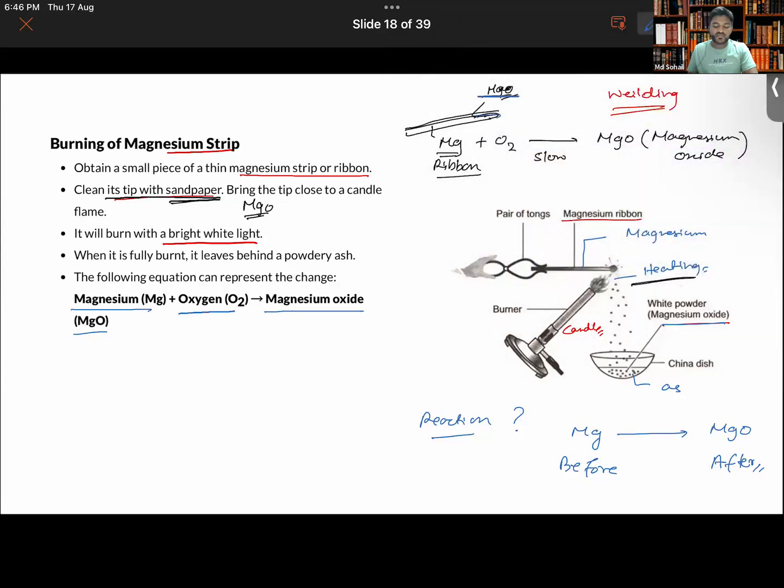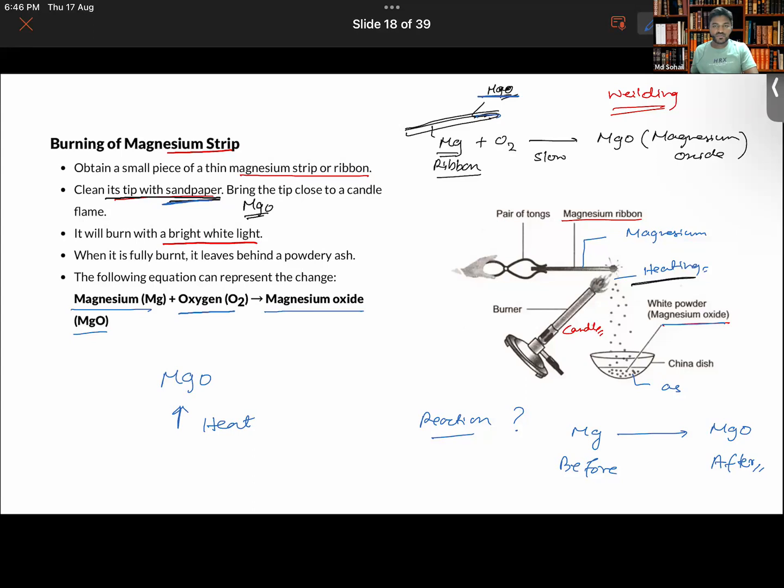So you can actually burn magnesium here. It will not be the magnesium oxide that will be burning. If you were to not rub it with the sandpaper, what will happen? You will be basically providing heat to magnesium oxide.